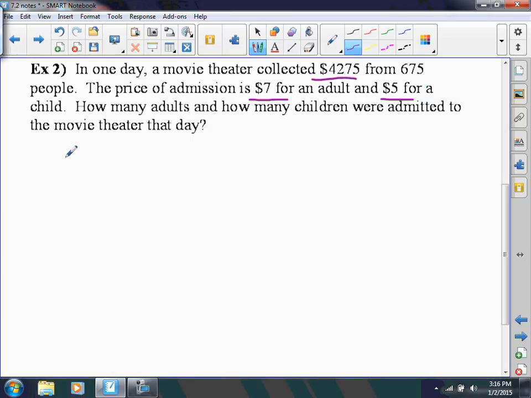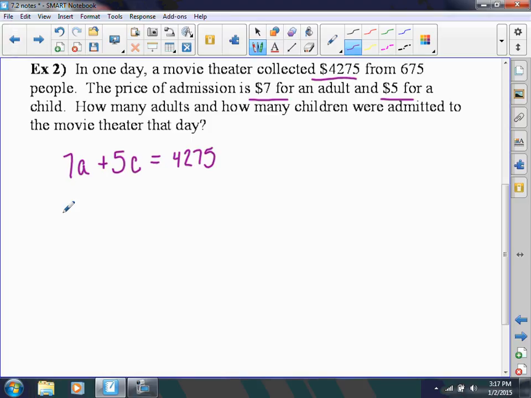So if they charged $7 for an adult and $5 for a child, if they did that all day for all the adults and all the children, at the end they had $4,275. That's how much money they had. So that's how we take those pieces of the money information and put them into one equation.